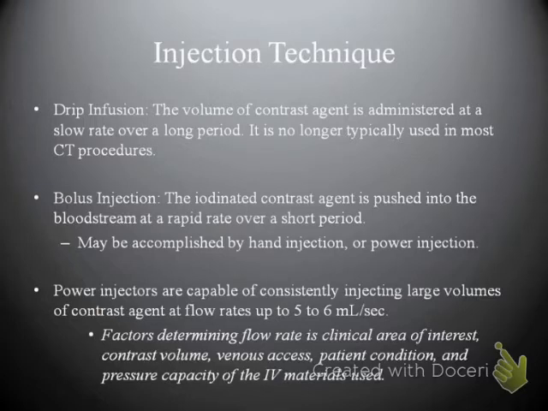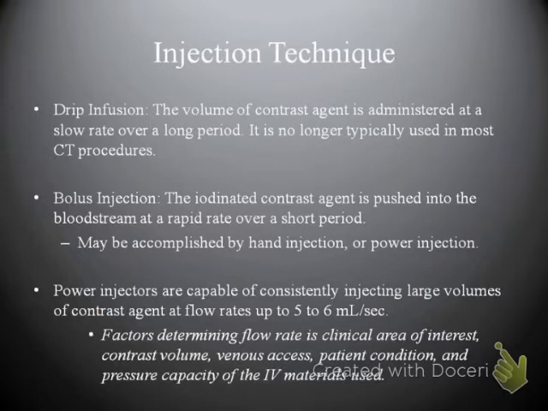We also have a bolus injection, in which the iodinated contrast agent is pushed into the bloodstream at a rapid rate over a short period. And that's typically what we have, a bolus injection, where you push a large amount of contrast in a very short amount of time so that you increase the blood serum levels to an adequate range so that it's detectable in terms of CT.